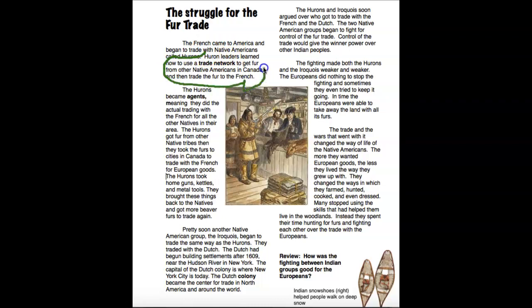Right in the beginning, it tells us that this is going to be about trading. So they use a trade network to get fur, and there's also another place. We could also use a detail down here. Okay, so there's a sentence there, or there's a sentence above that you can use.